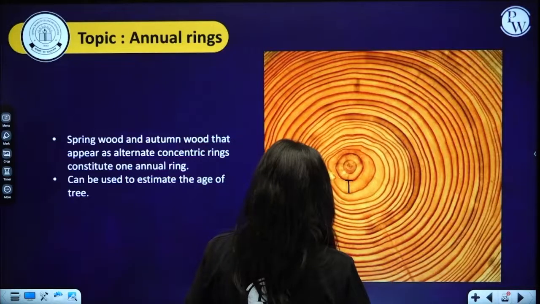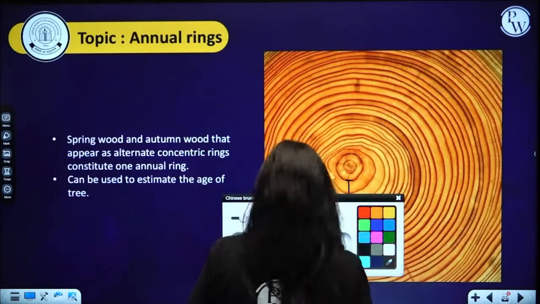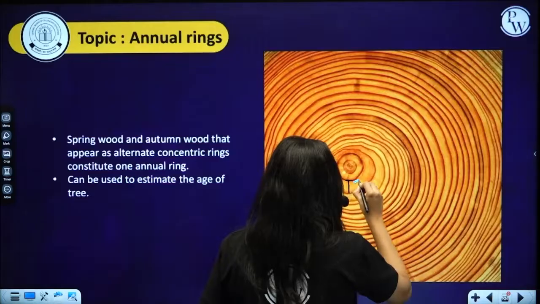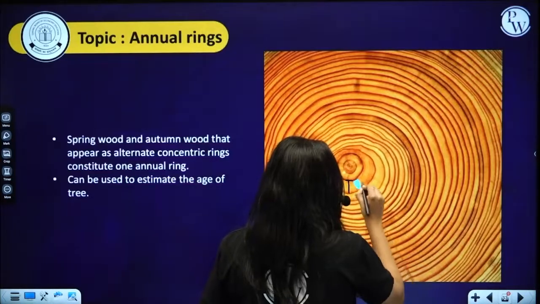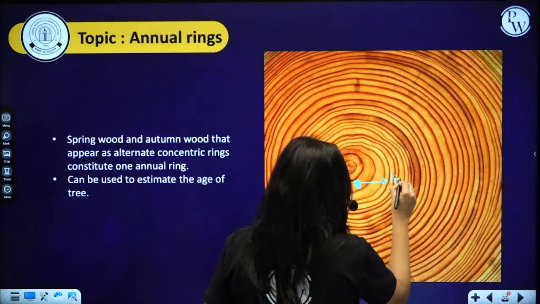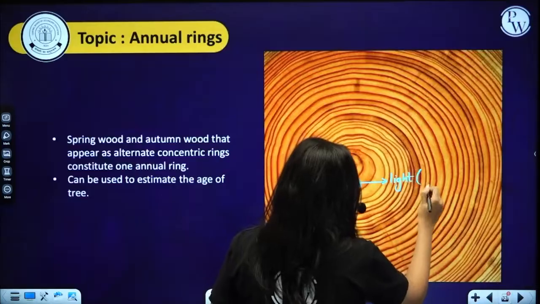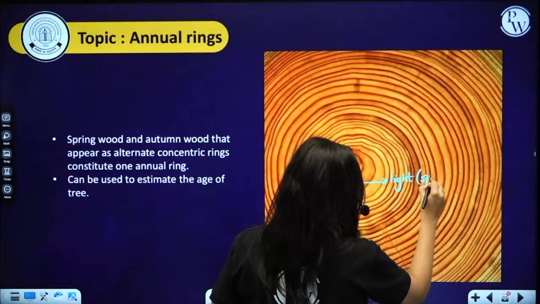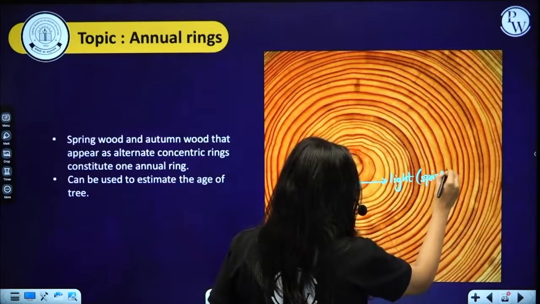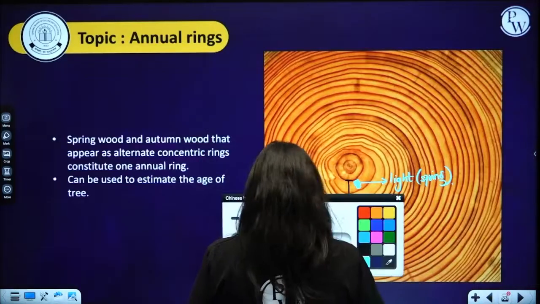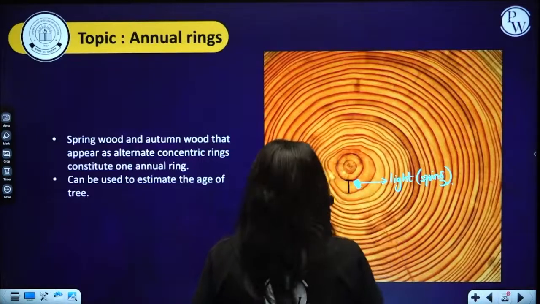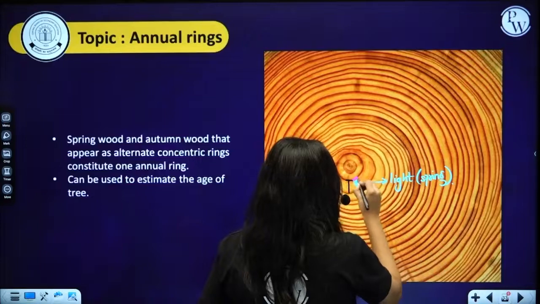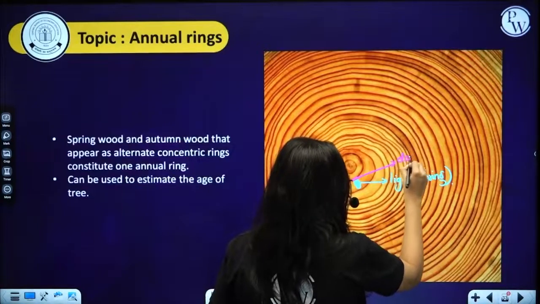Wait, I'll use this color. So whichever region I'm highlighting here, this region is light in color. This represents spring wood. This region is dark in color.